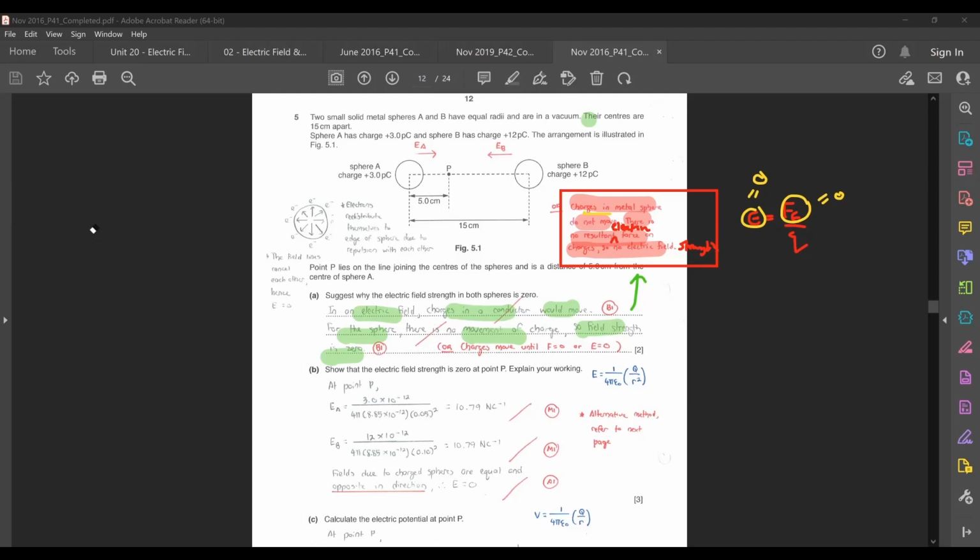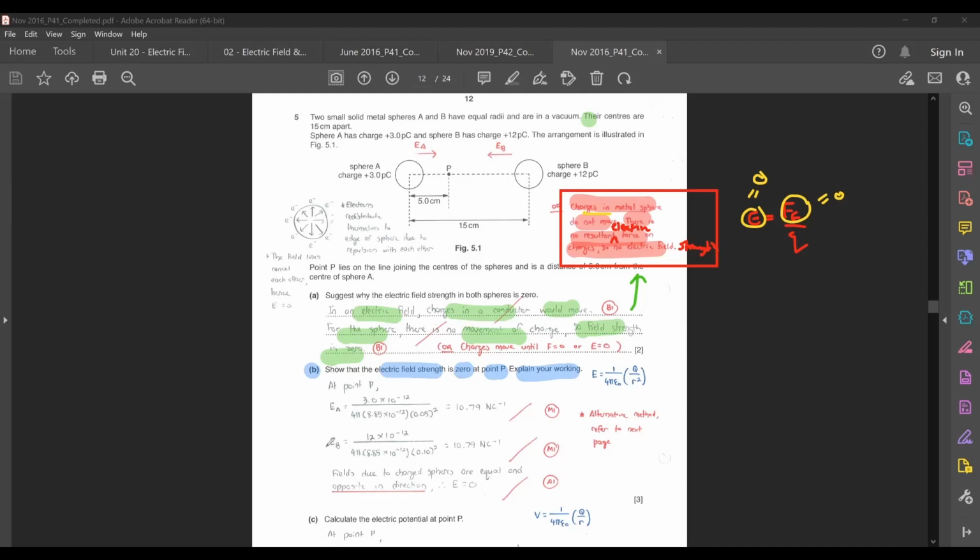Okay, so for part B, they want you to show that the electric field strength is 0 at point P. Explain your working, okay? So I'll just show you one method here.